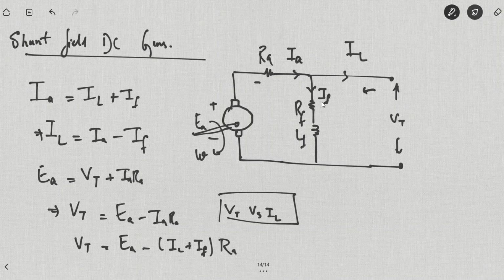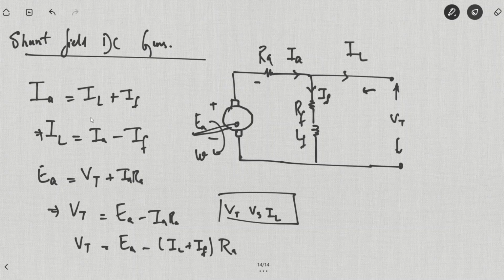For IF to flow, there needs to be a voltage in this system, and there is no voltage yet generated in this system. That means there is no current flowing through the field windings IF, and since no current is flowing, there is no magnetomotive force produced by the field windings. So you have only a rotating conductor. You have no magnetic field, so no voltage will be induced.